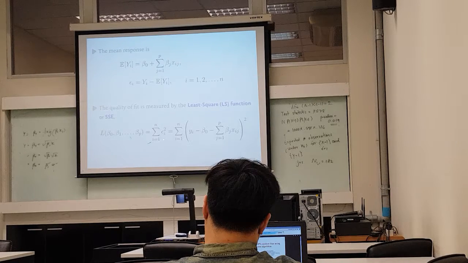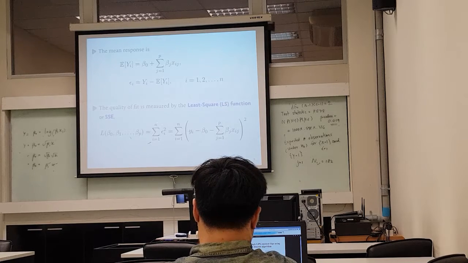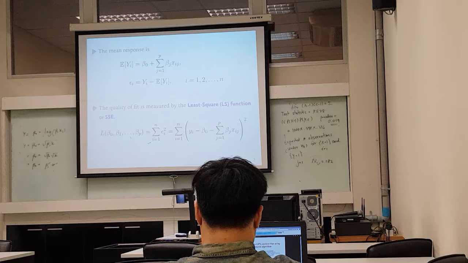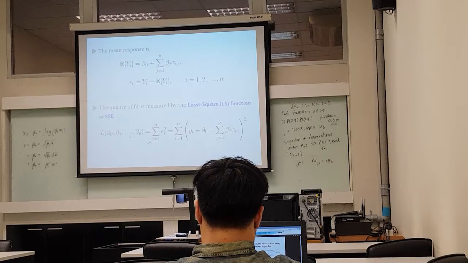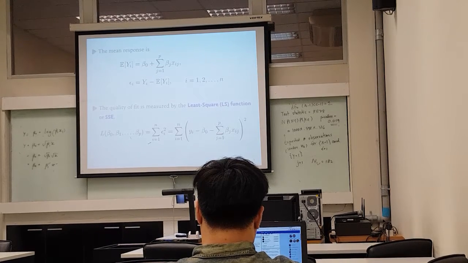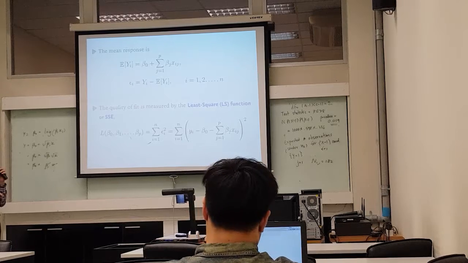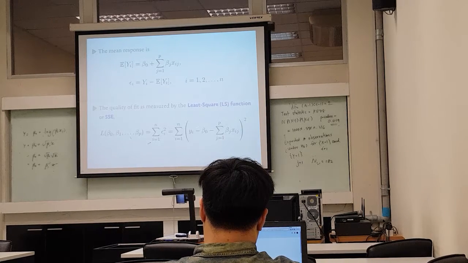It's just the error sum of square. This one is an error, right? And the sum of square error, we call it the error sum of square or least square function. Once you have this equation, you want to find beta 0 to beta p that minimize it.